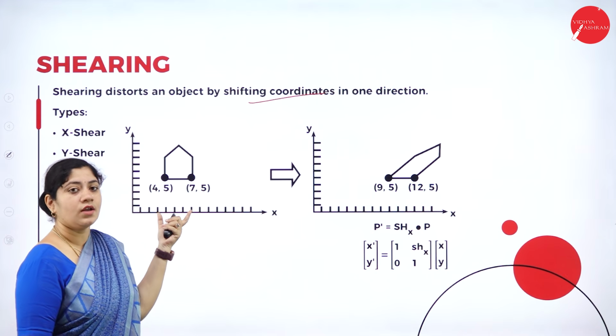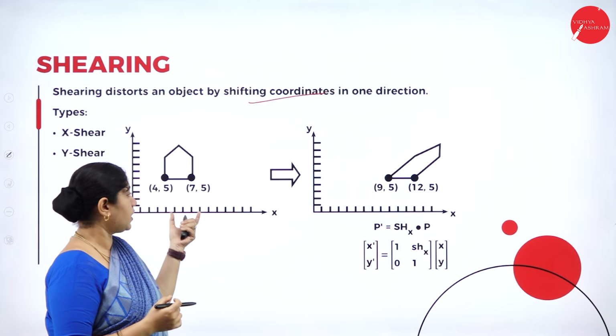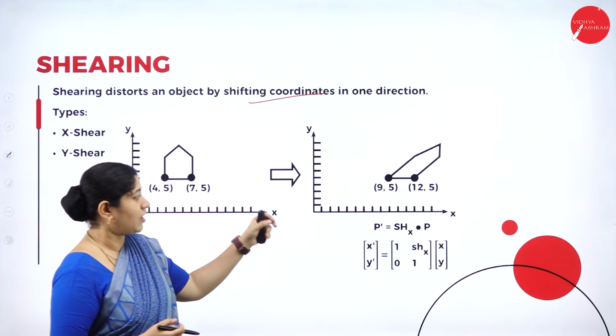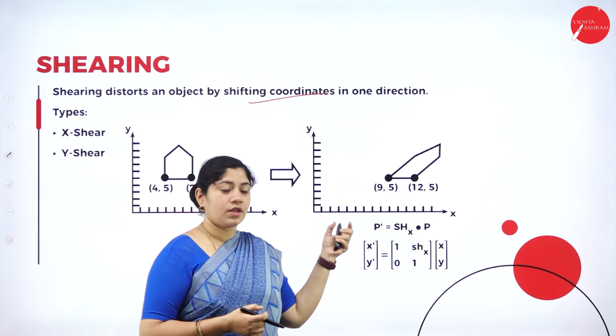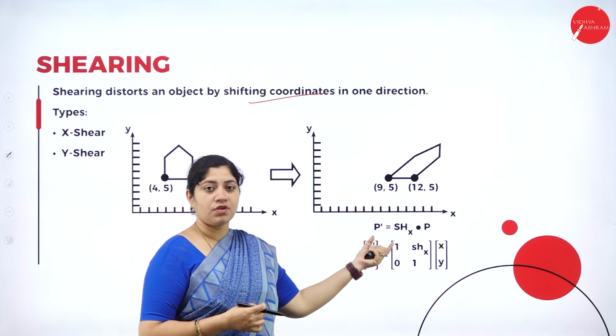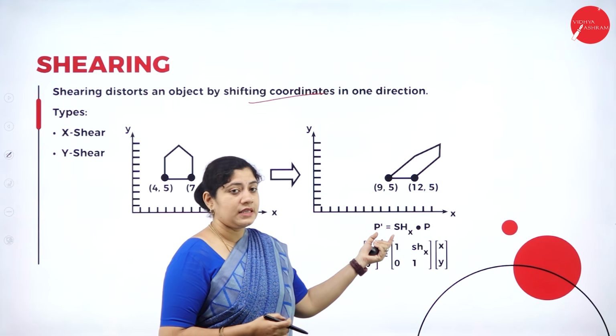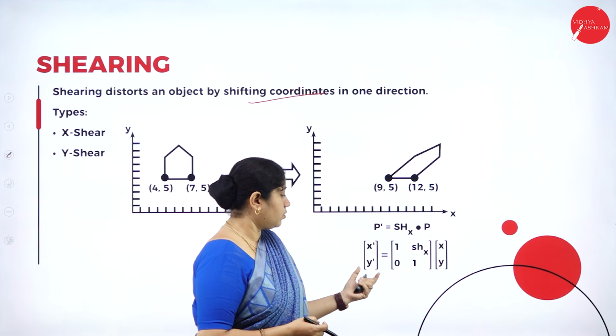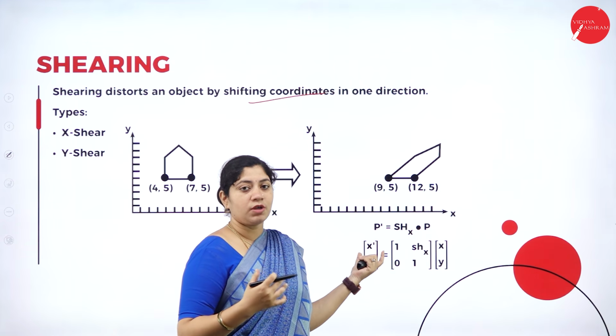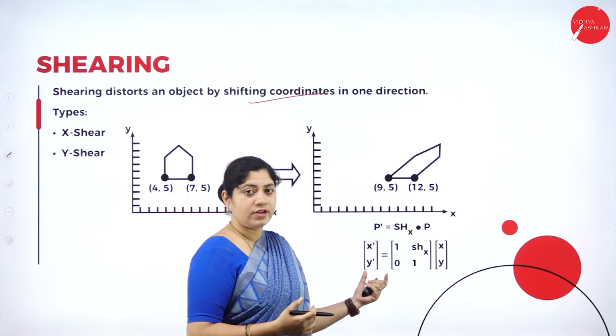This was our initial object with its XY coordinate values. And after shearing, we have this shearing formula, that is P dash equals SHX into P. So the transformed image can be called X dash Y dash, correct?